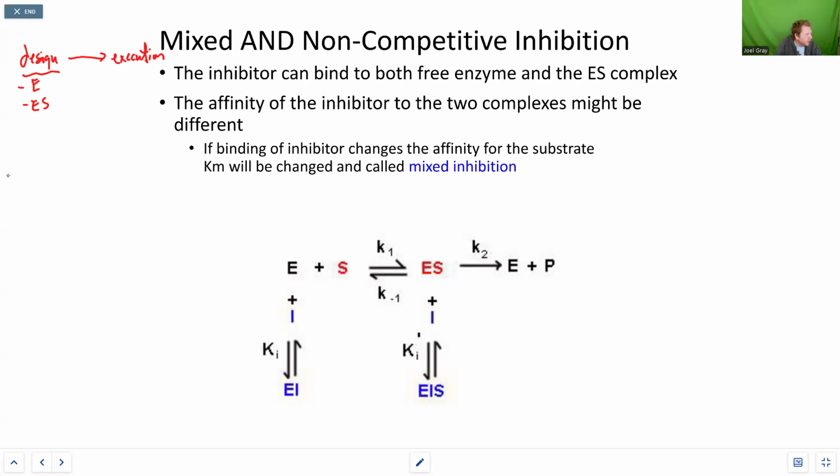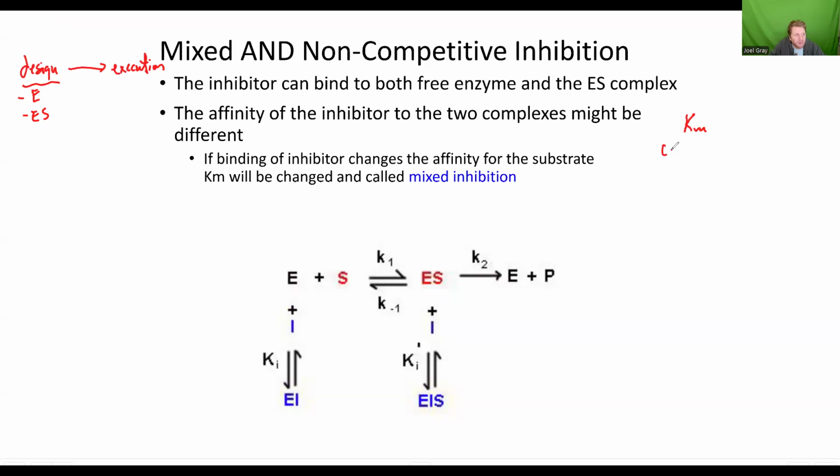Let's think about our Km with a competitive inhibitor and an uncompetitive. How does the Km that an enzyme has for its substrate change with a competitive inhibitor? First of all, does it change?